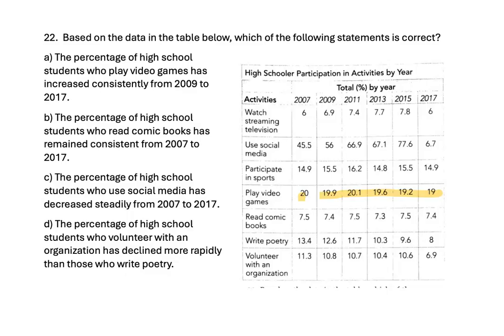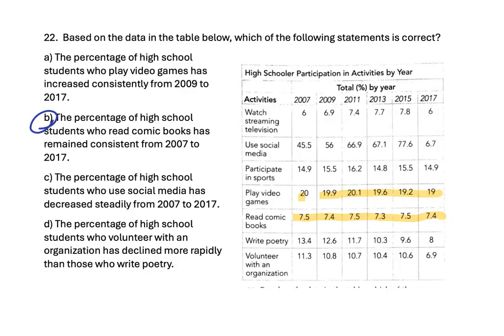No, so it's not that one. The percentage of high school students who read comic books has remained consistent from 2007 to 2017. Comic books, that's on this row, and that's pretty close. That's pretty consistent. Right off the bat, I'd say this is probably our answer, but let's read the other two just to be sure.